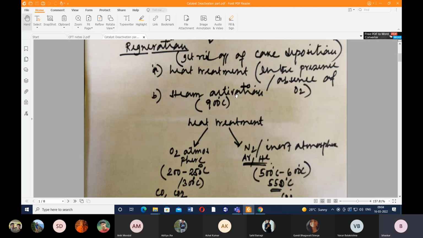Pore mouth means there are different types of pores available on the surface of the catalyst. Third would be adsorption of the reactant gas molecules inside the pores, where we have got active surface sites.